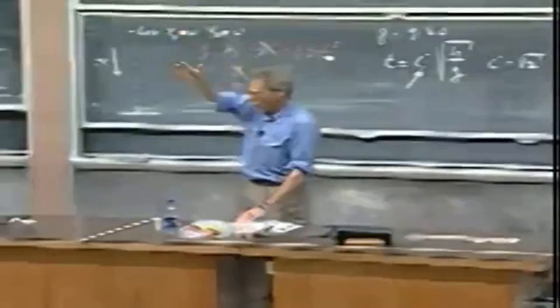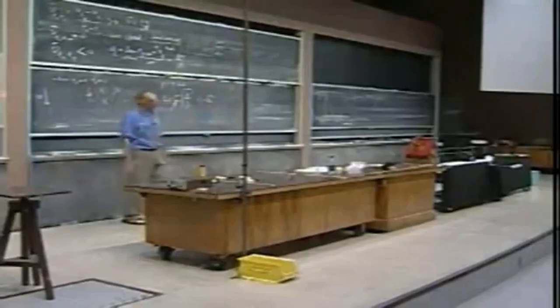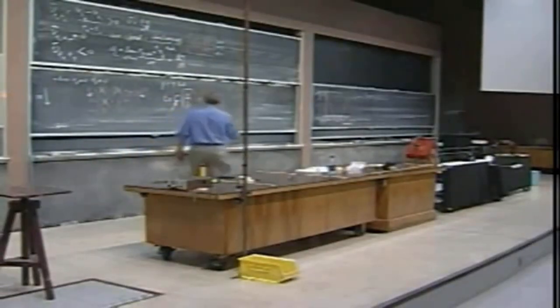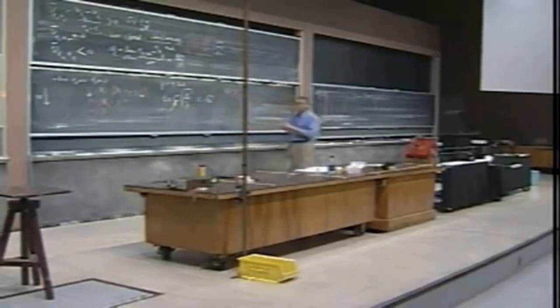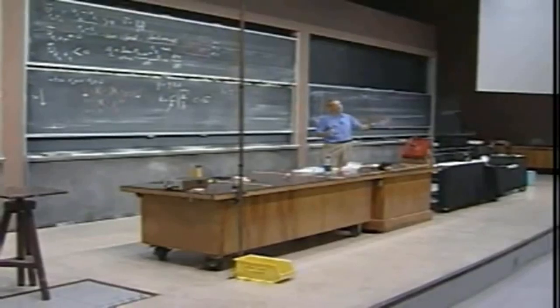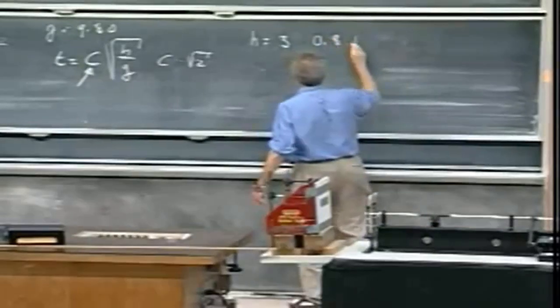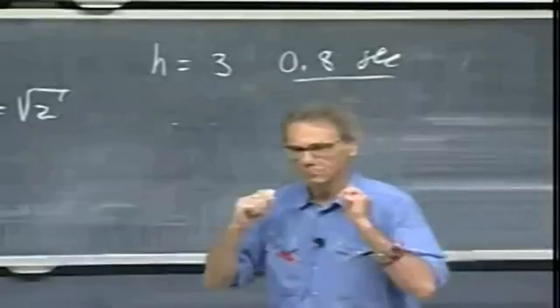I have here an apple, or I'm going to put an apple up, about 3 meters from the floor. So the height is 3 meters, approximately. We know from last time, remember we did it, it was about 780 milliseconds to hit the floor. I will just round it off, and I think of it as about 0.8 of a second, just to get an idea.